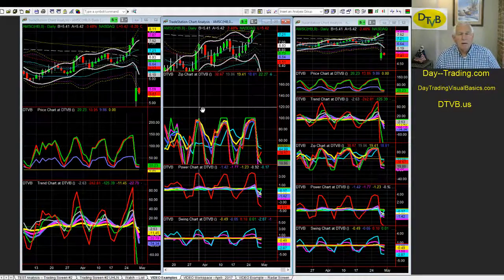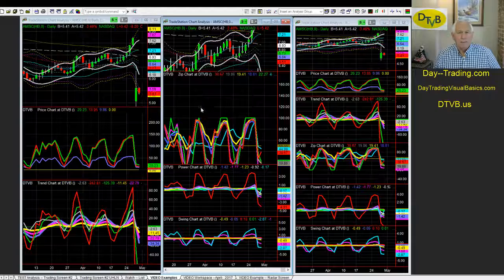Also, if you're aware of the pinpoint alerts, or the pinpoint signals, I'll call them: when Zip red is in either a peak or a spike, and Zip gray is under a spike or over a peak, next day it typically goes down.